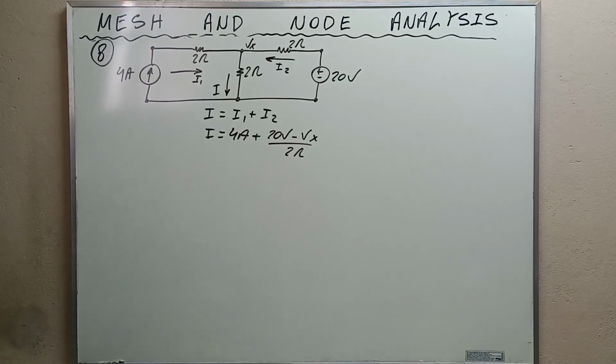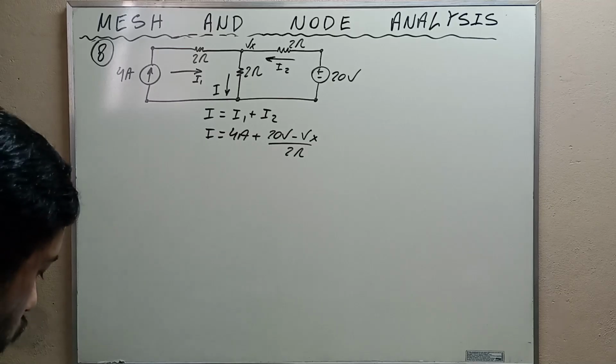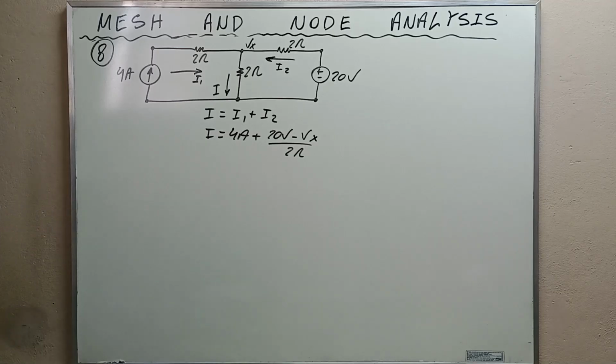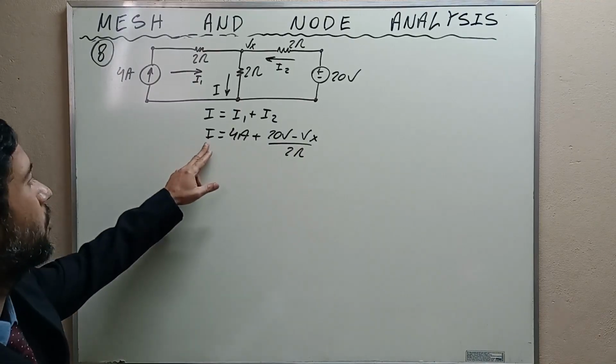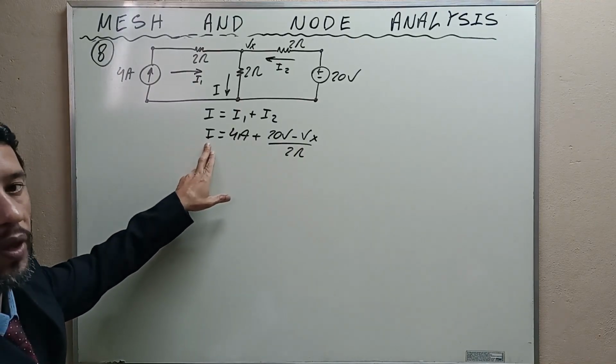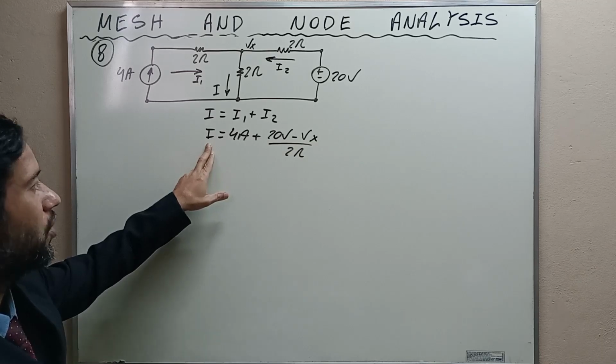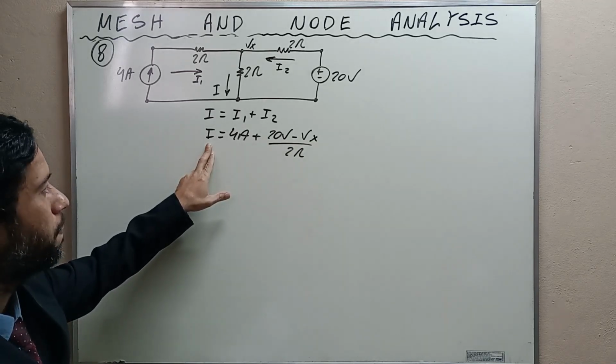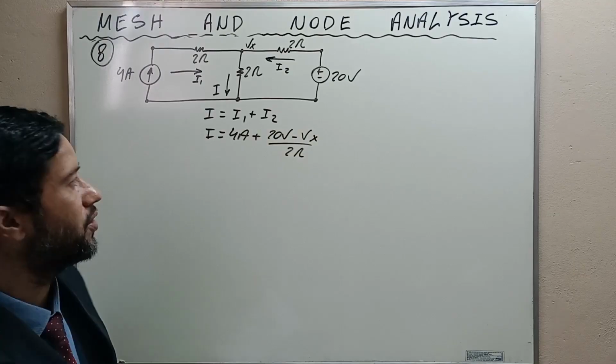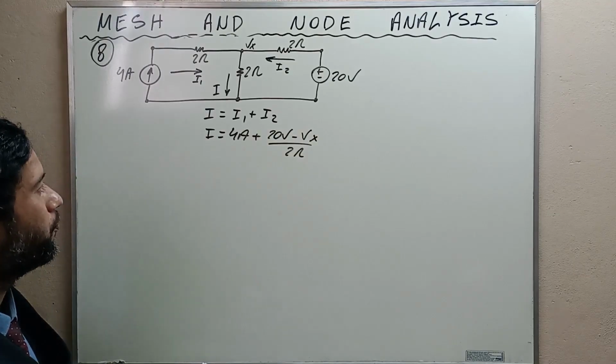We can also work on this, because here there is I and we don't know I, and there is Vx here. We have 2 variables.